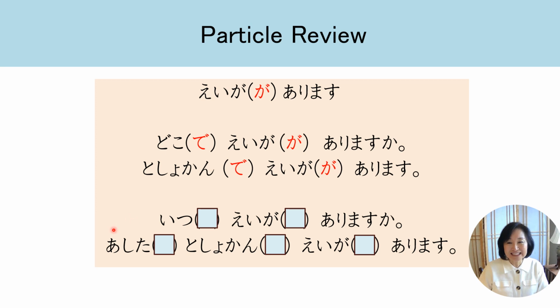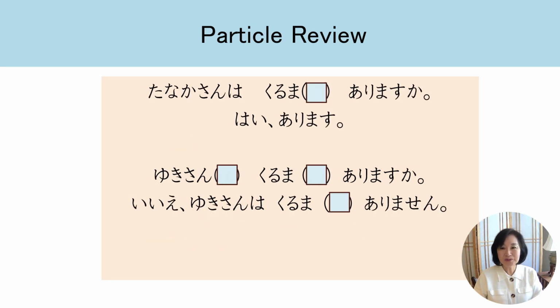It's a question sentence. When is the movie? いつ映画がありますか? You don't need any particles after the question word いつ. And the answer is tomorrow there's a movie at the library. 明日図書館で映画があります。いいですね。できましたか?